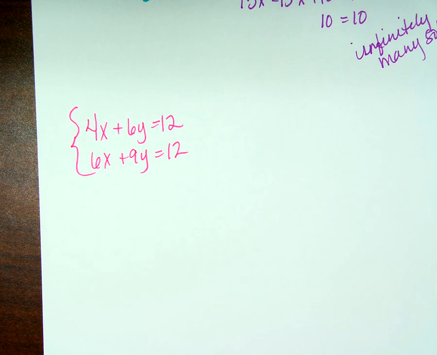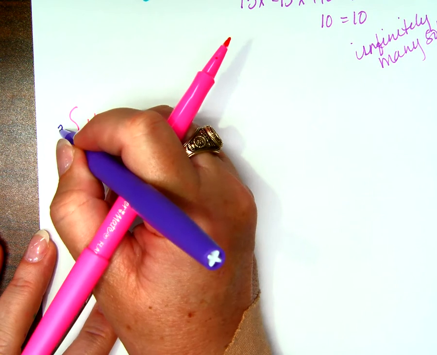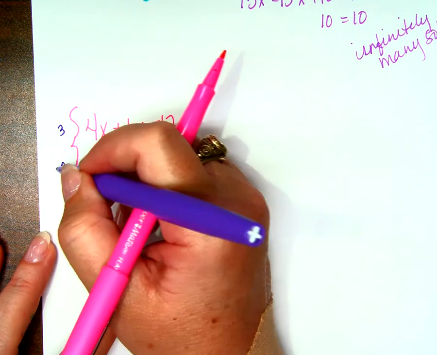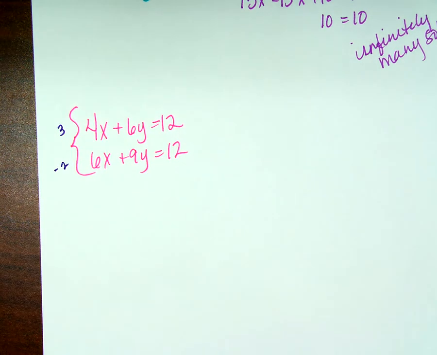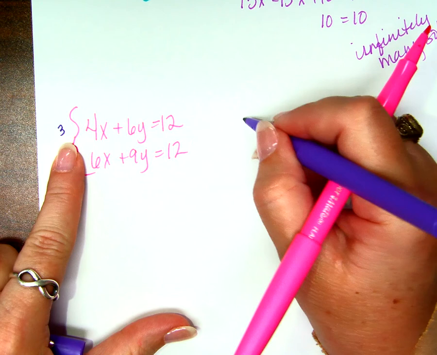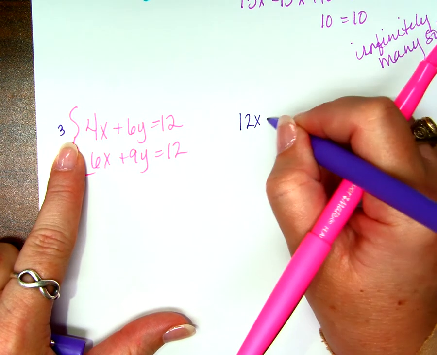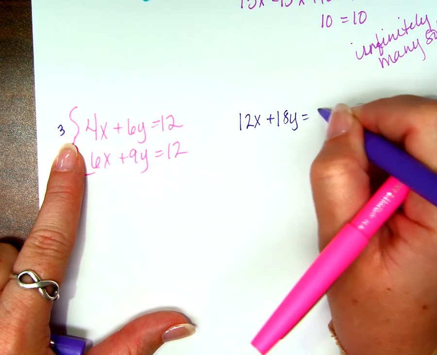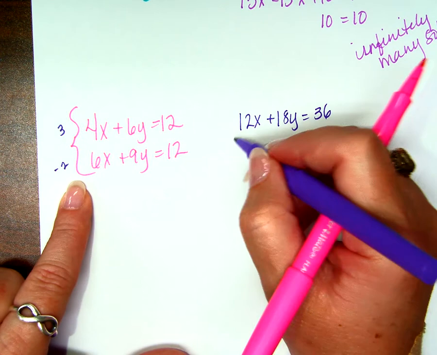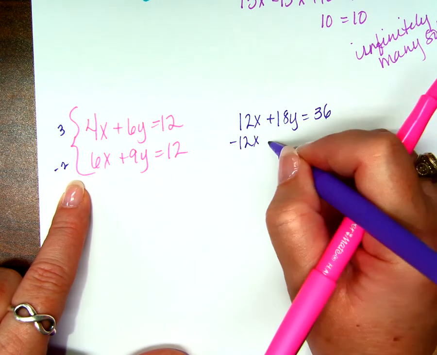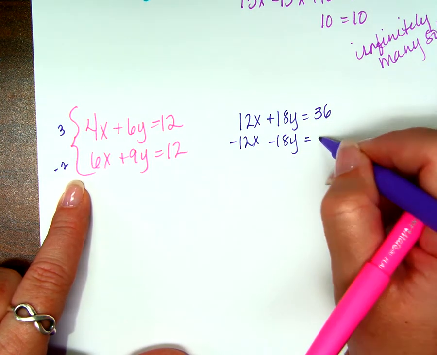If I eliminate the x's, I could get them to 12, right? Okay, so 3 and 2, so probably negative 2. You okay with that? So if I do that, I get 12x plus 18y equals 36. And I get negative 12x minus 18y equals negative 24.